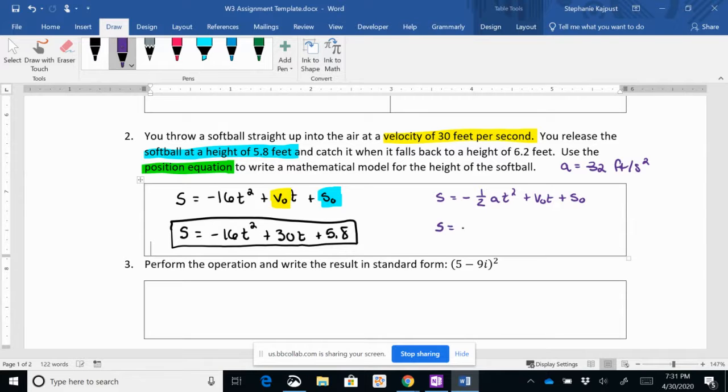When you plug that into the negative 1/2 a, that's actually what we're going to be doing in week 5 for the discussion, that's where you get the negative 16t squared. So the position equation is already converted to US units for you, where it already takes into account gravity. All you have to do is put in the velocity and then the height.